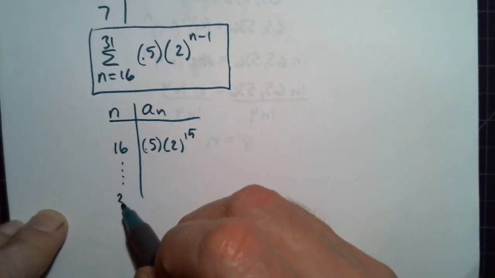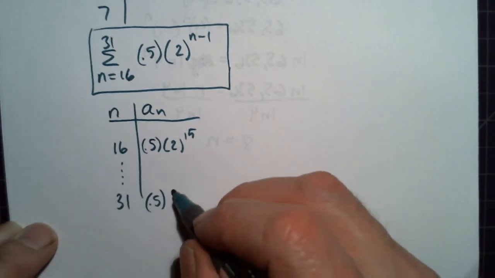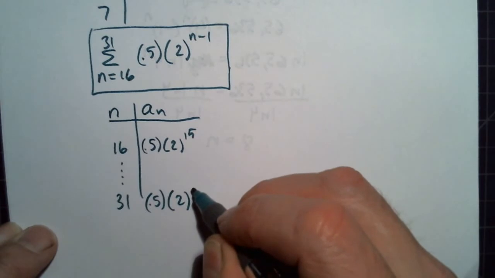And we're going to keep on going all the way to 31, and that'll be 0.5 times 2 to the 30th.